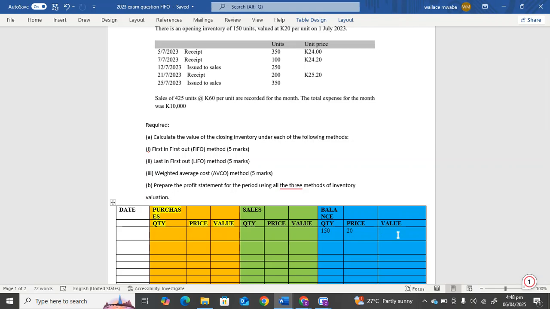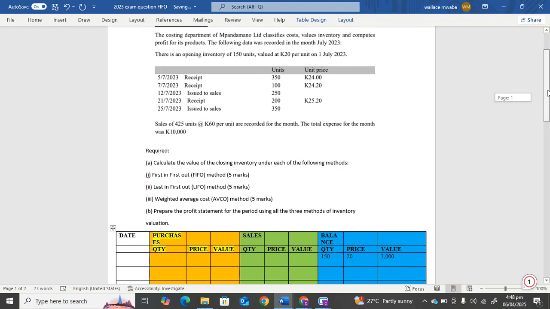Get your calculator, 150 times 20, 3,000. That's the value of the opening inventory, 3,000 kwacha. And always record the date. So this was on 1st July 2023.